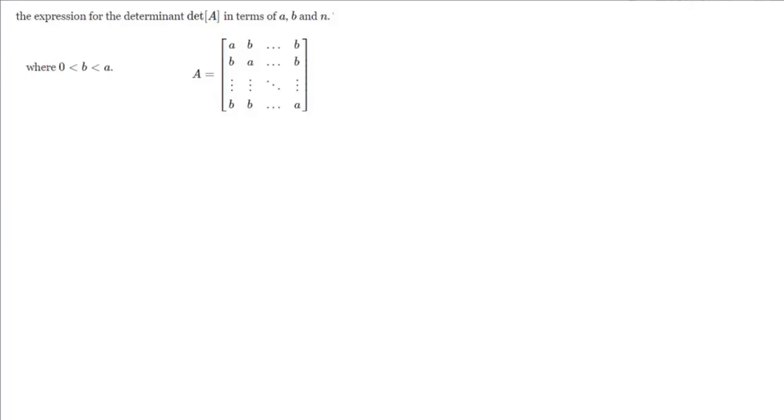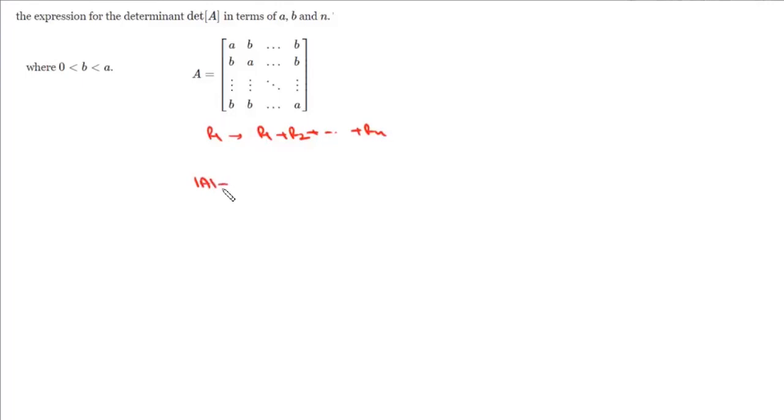Now here the question is, we need to find an expression for determinant A in terms of A, B and n. Now in each column we have one A and we have n minus 1 B's. So what we'll do is, we'll write R1 as R1 plus R2 up to Rn, and then we'll take A plus n minus 1 B common.